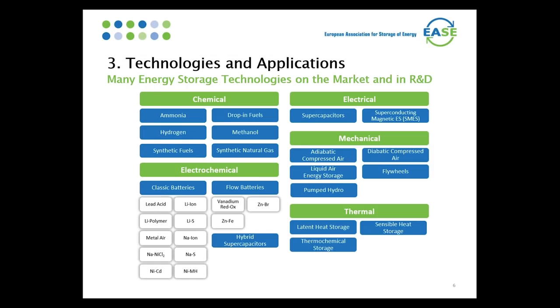Yes, we can come to and talk about the different storage technologies. You can see that we separate 5 major families: chemical, electrochemical, electrical, mechanical, and thermal storage. By the way, if you want further description on these, they are available on the EASE website.